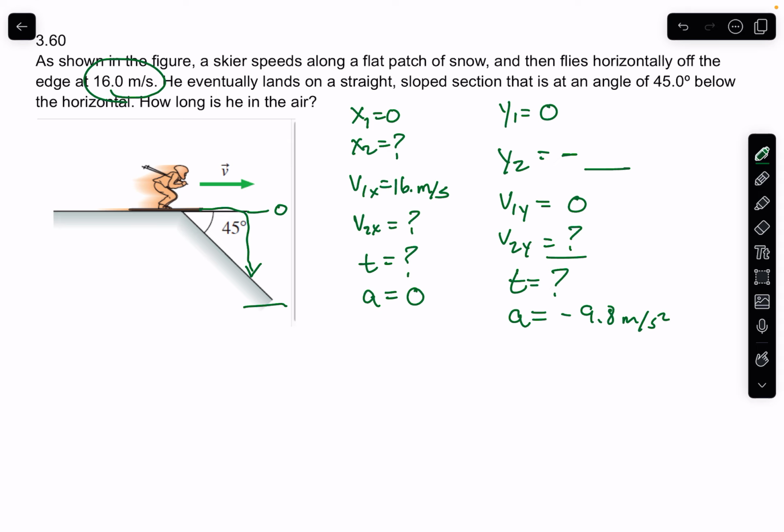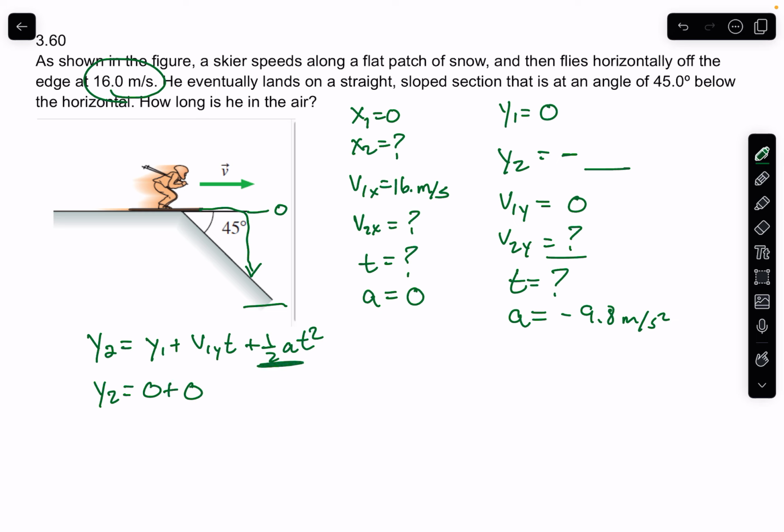So the first thing I did is ask, what is y2? I can use the equation y2 equals y1 plus v1y t plus 1/2 a t squared. So y1 is 0, so y2 equals 0 plus 0.